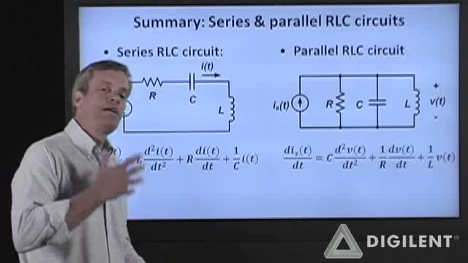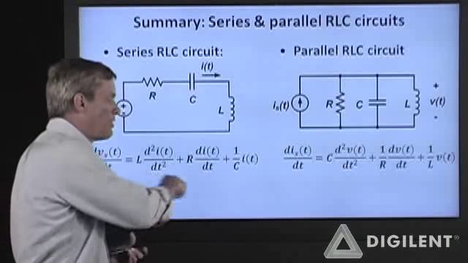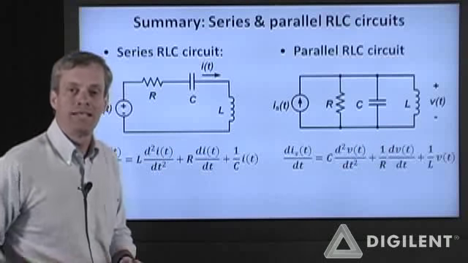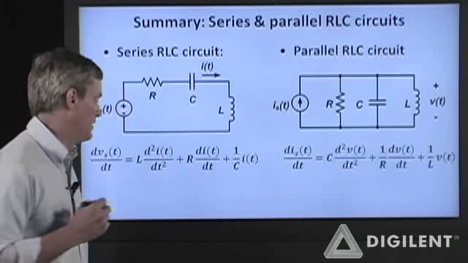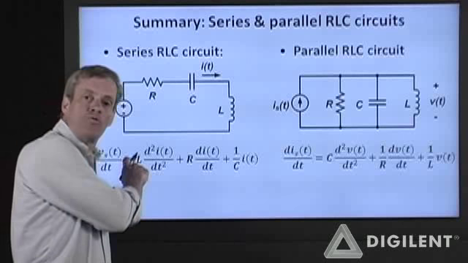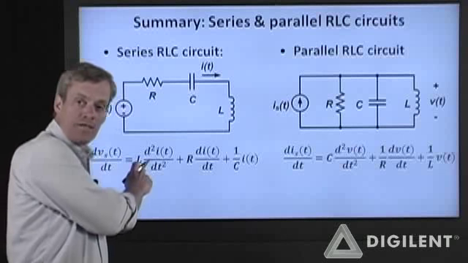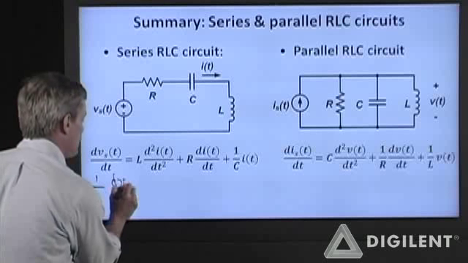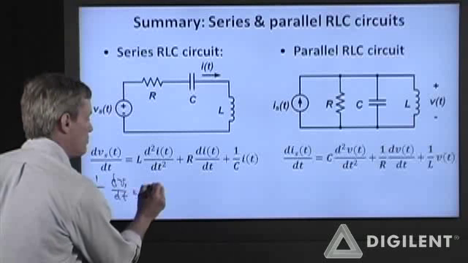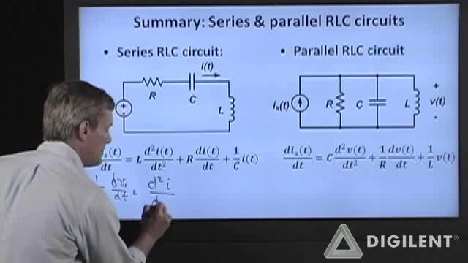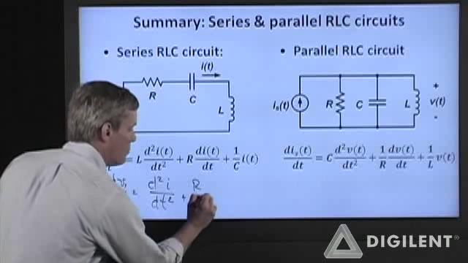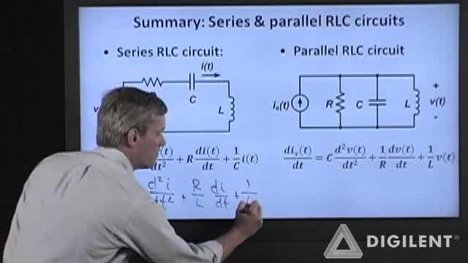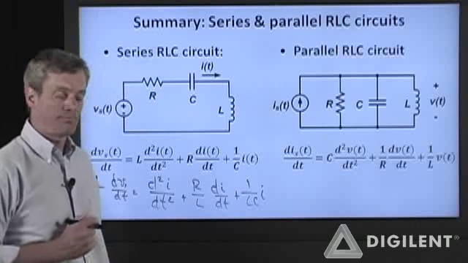Now, before I go on with the rest of the lecture, I want to look for a common form between the two of these. I'm going to write these in a kind of standard form ultimately. If I divide through by the leading coefficient on the second derivative term, I get 1 over L dVs by dt is equal to d squared i dt squared plus R over L di by dt plus 1 over LC times i.